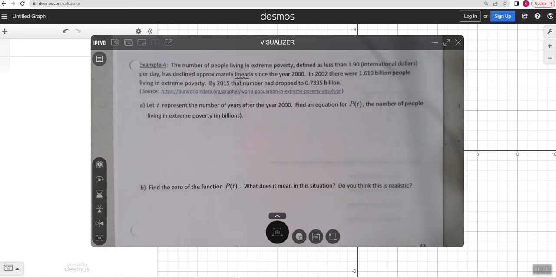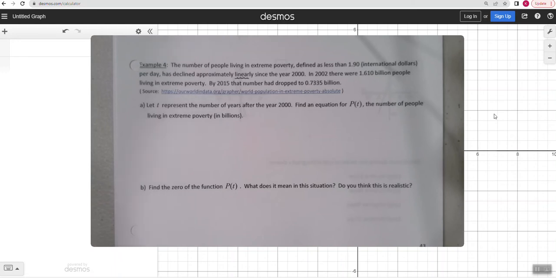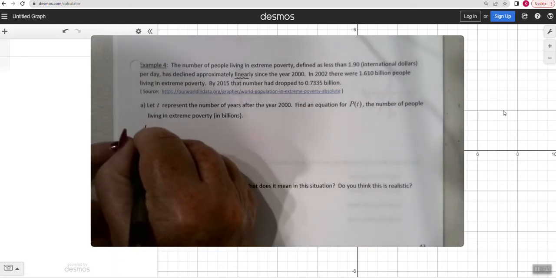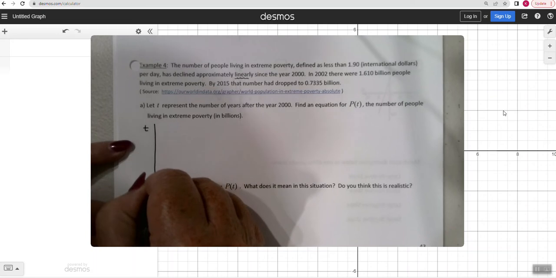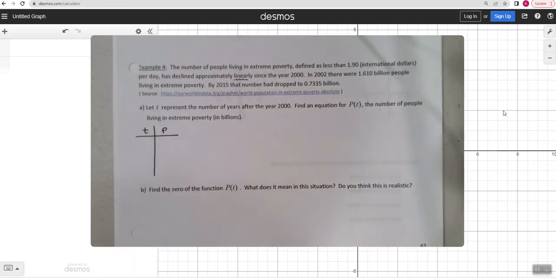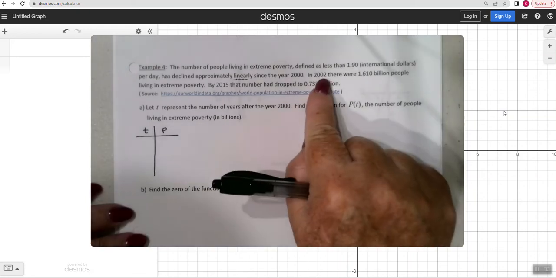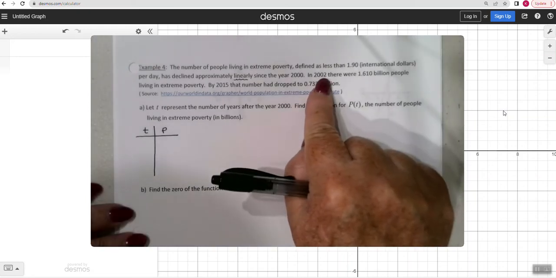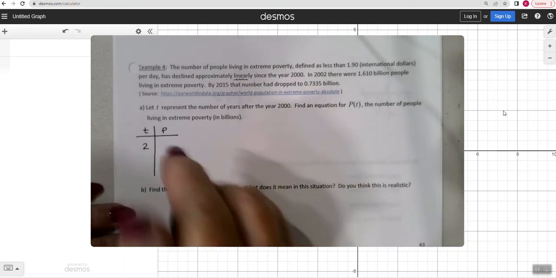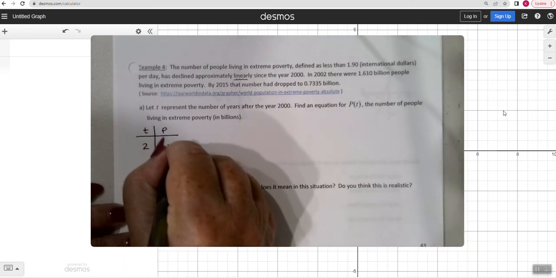In a case like this, what I like to do is create for myself just a short little table of values that's going to help me organize the information. So I'm going to say T, my input, is the years after 2000, and P, my output, the number of people living in poverty. And they told me 2002, which would be 2 years after 2000, the number of people was 1.610 billion.